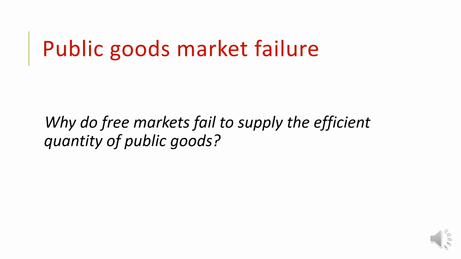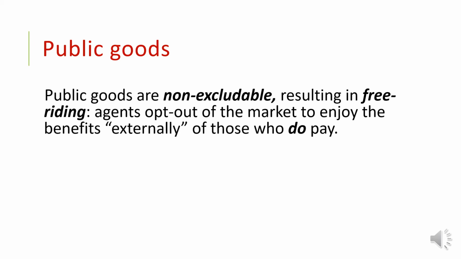Why do free markets fail to supply the efficient, that is, the allocatively efficient, quantity of public goods? Well, the reason for that comes down to the non-excludability property of public goods.